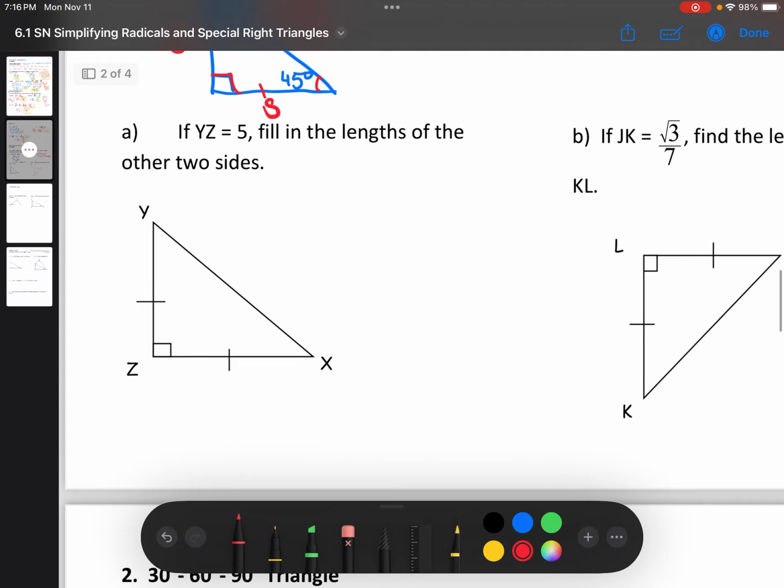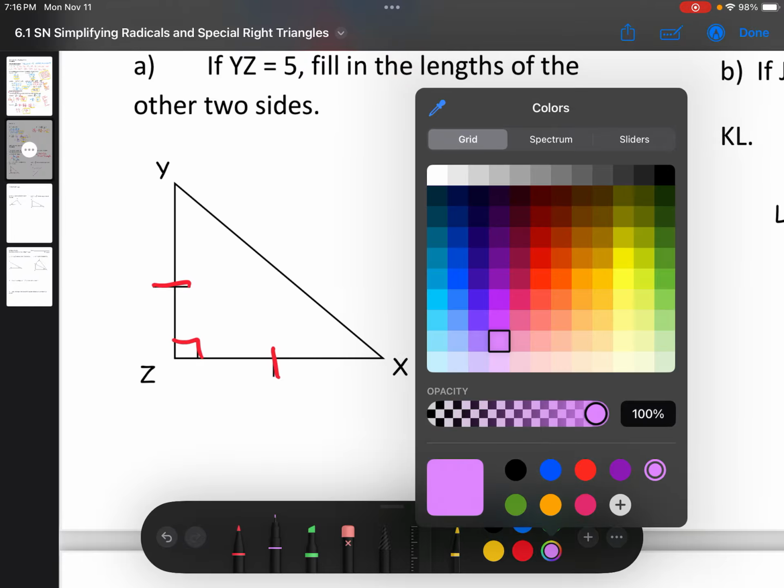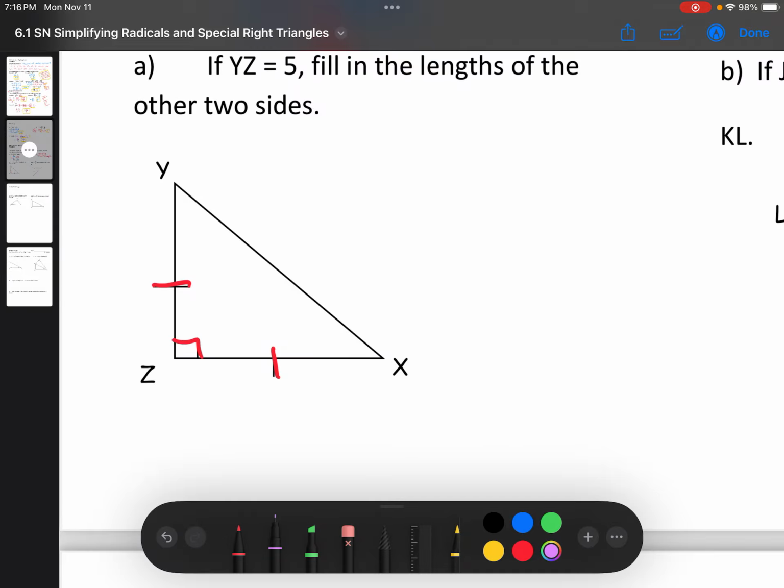So let's look at A. We do have two congruent sides and a right angle. This is a 45, 45, 90 right triangle. May be useful to label the ratios on the inside of the triangle. S, S, S square root 2.